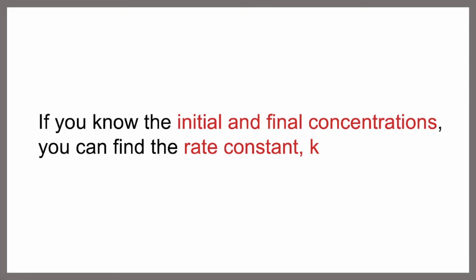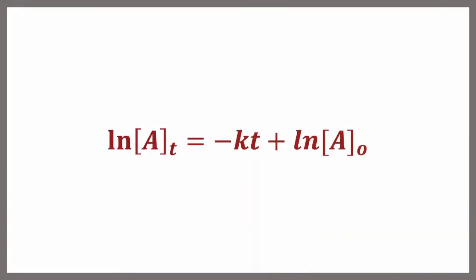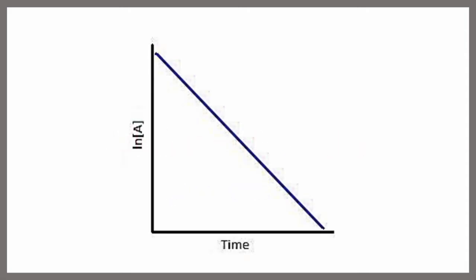And we can do this by rearranging the equation to solve for what we want and then plugging our numbers in. But we can also take this equation and rearrange it into a very useful form to get something that looks a lot like a linear equation, y = mx + b. And if we were to plot the natural log of the concentration of A versus t, we would get a straight line.